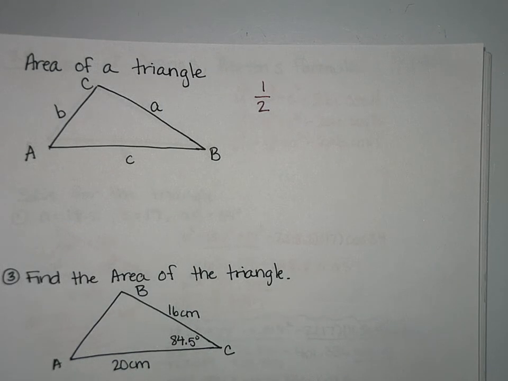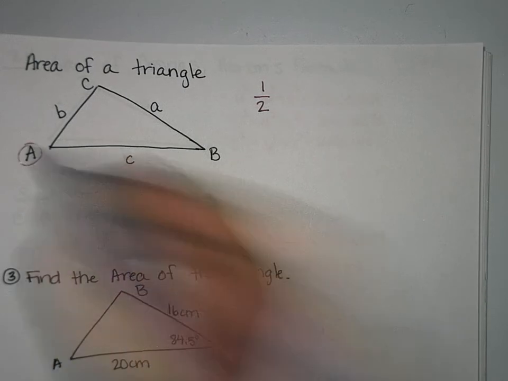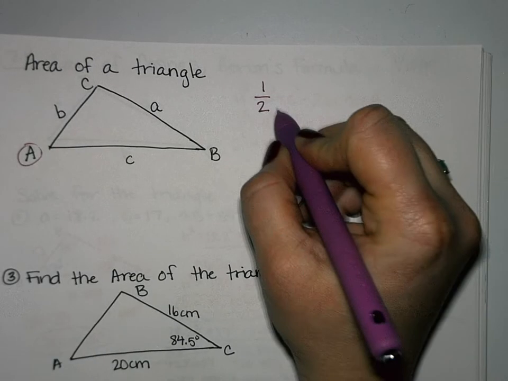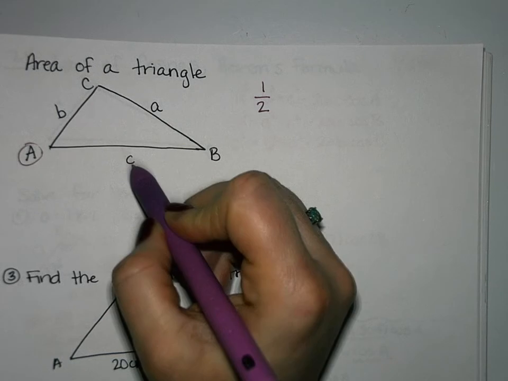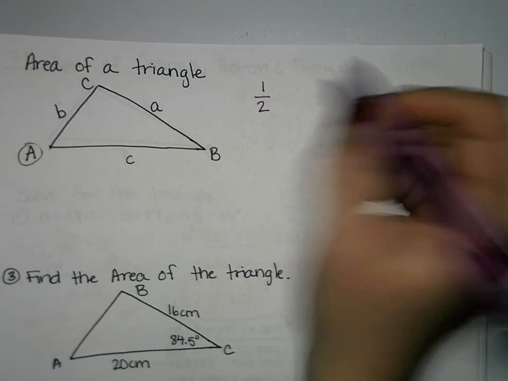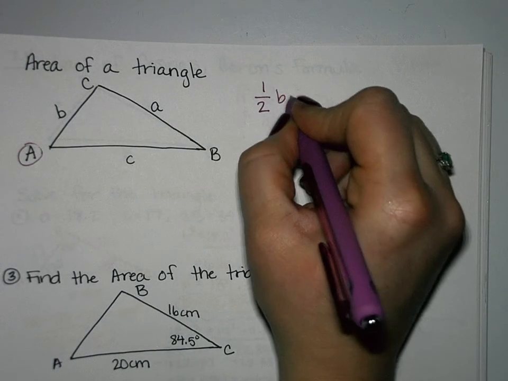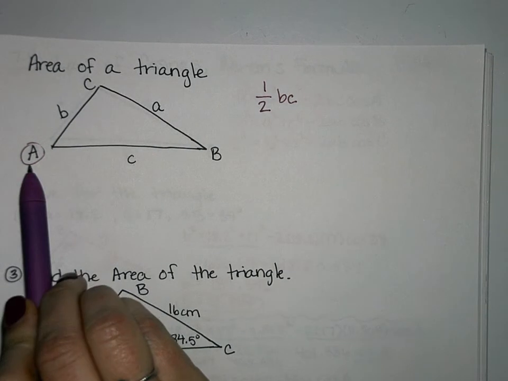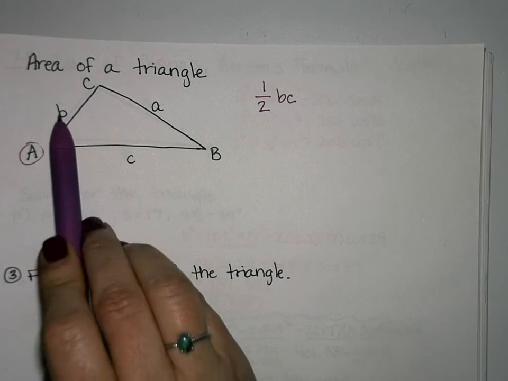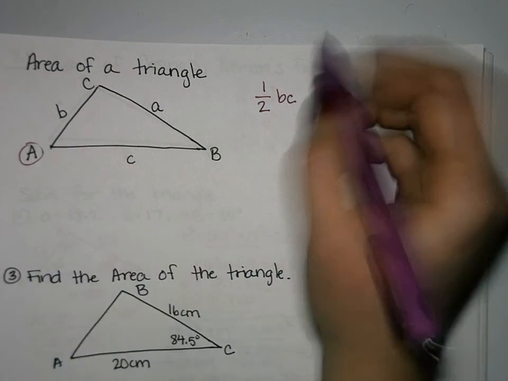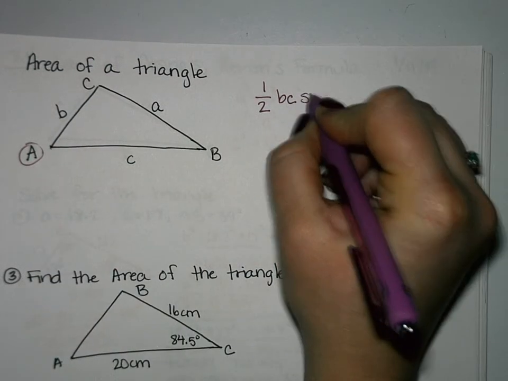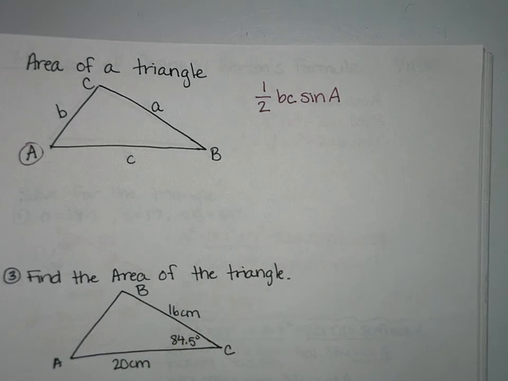So let's say we know angle A. Then I'll take 1/2 times the two sides that aren't the opposite of my angle, so B times C, times the sine of the angle I know. And that'll give you the area just like 1/2 base times height would, but without having to find the height.